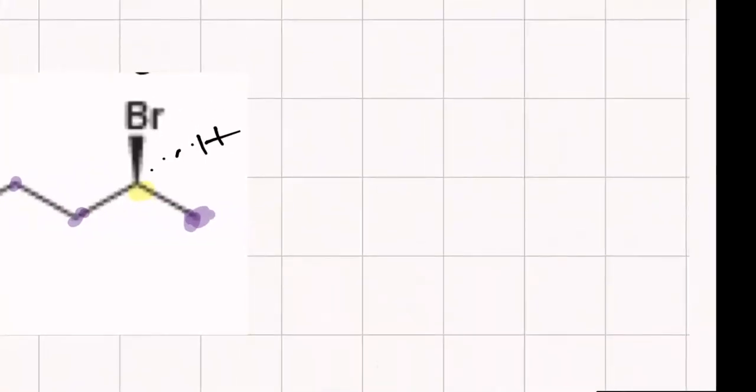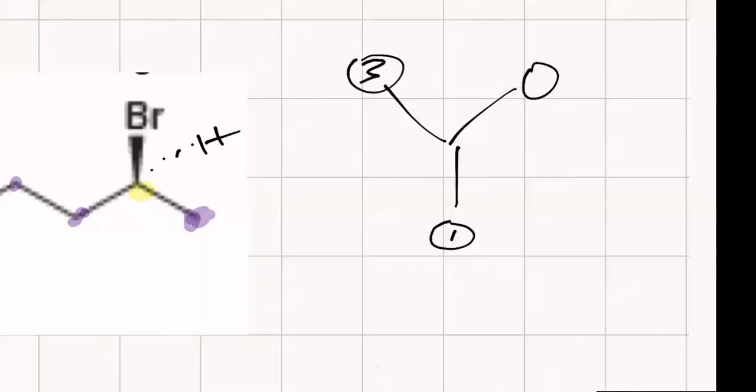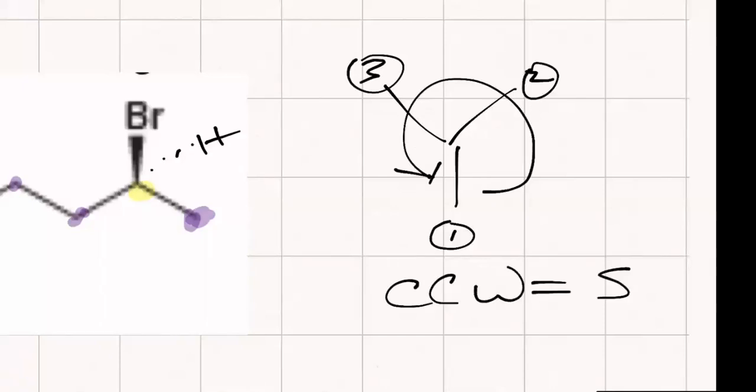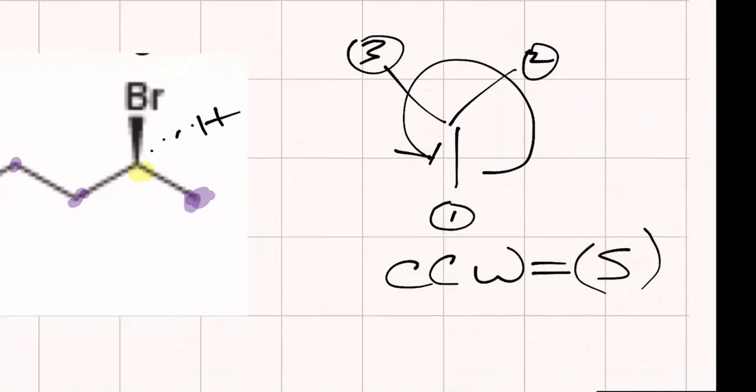So if I have a chiral center and it's got three groups on it, one, two, three, I count like that. That's counterclockwise, so that configuration on that center would be S. If the groups are oriented counterclockwise, it's S. And if you saw the video, you've already seen that.